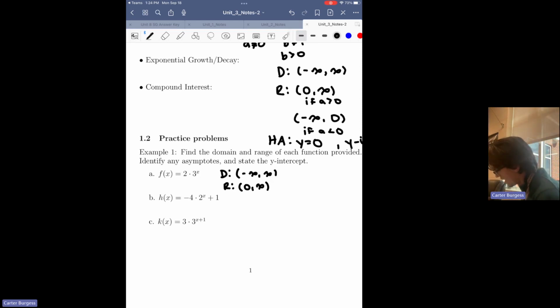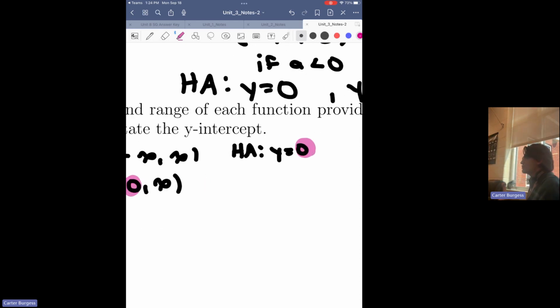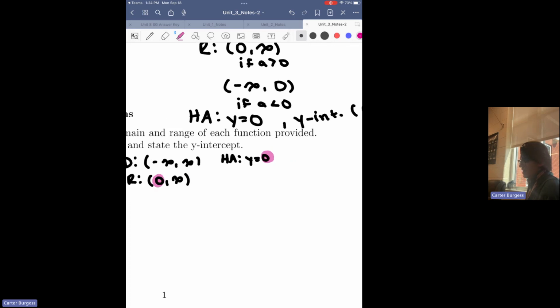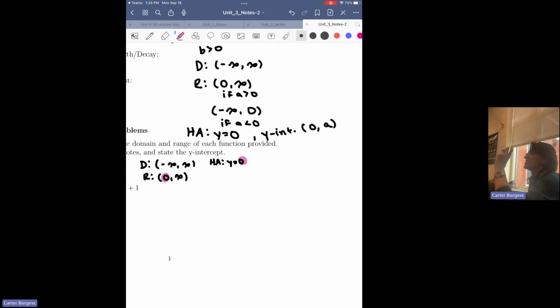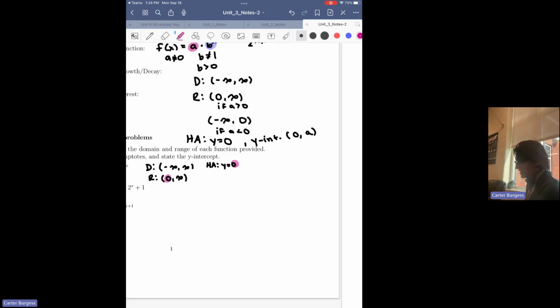All right, likewise, what is our horizontal asymptote going to look like? y equals 0, fantastic. The 0 here and the 0 here are the same 0. So the fact that we are approaching 0 for our range, the fact that we are approaching the line y equals 0, those end up actually being the same. We're going to see that they track each other very closely.